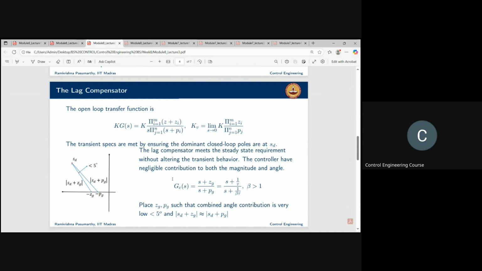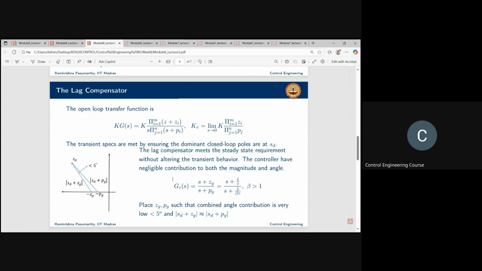In the lead compensator, you want it almost like a differentiator, which means you want a dominant zero and a faraway pole, correct? Here what you want is an almost integrator, with minimum disturbance to the transient state. That is why beta should be greater than 1.